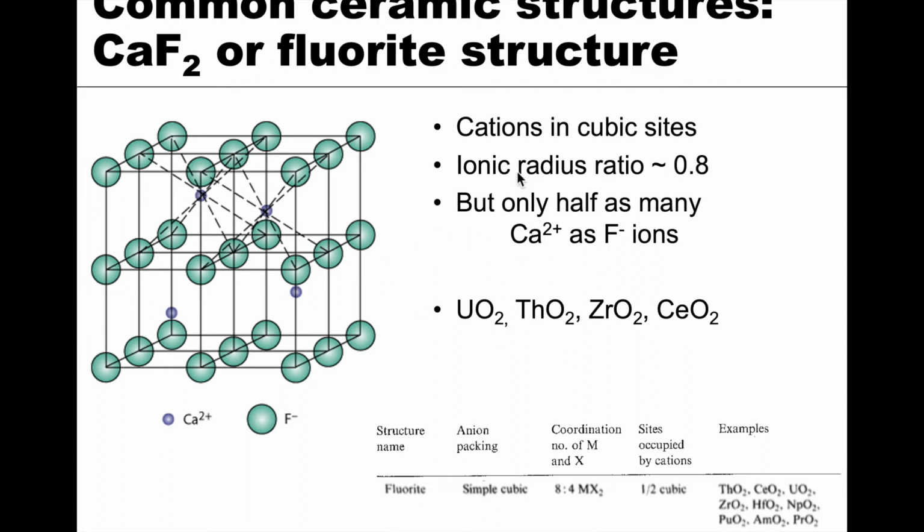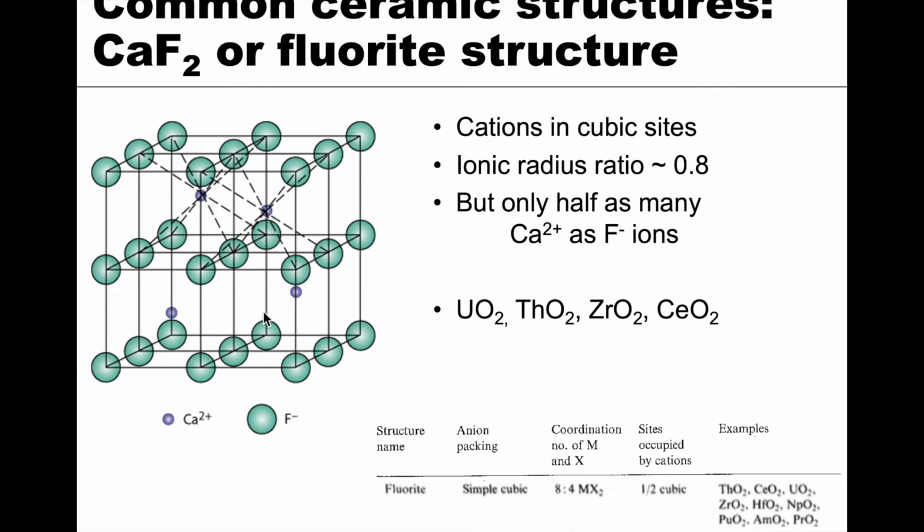The idea here is that we go back to a simple cubic array. There's more atoms than is needed, but we have to build it larger because there's only so many of the interstitials filled. So that's why this unit cell looks bigger than it needs to.